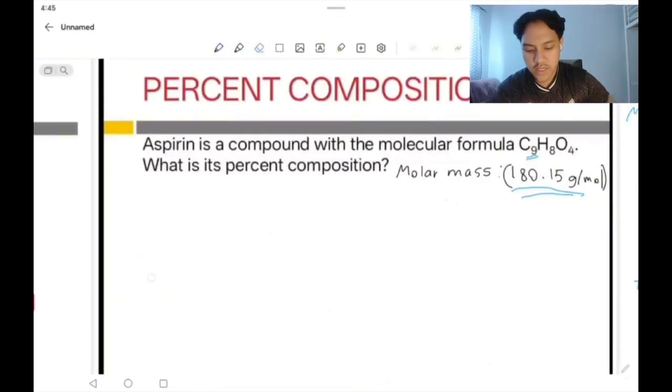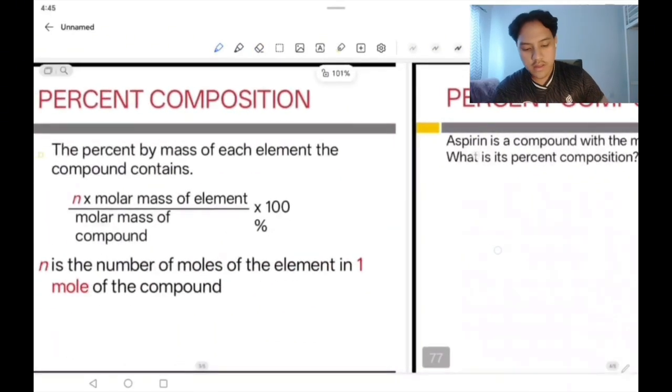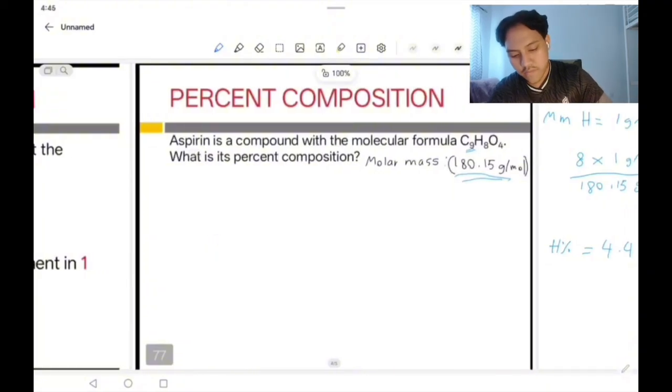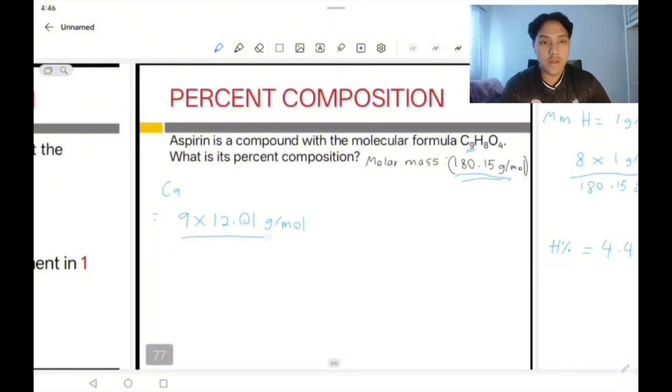For C, n equals 9, times the molar mass of C, which is 12.01 grams per mole, divided by the molar mass of the compound, which is 180.15 grams per mole, times 100%.